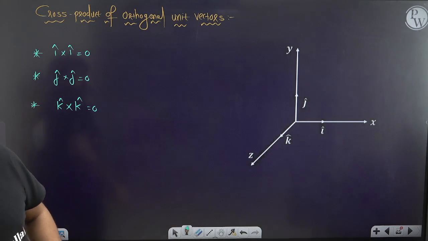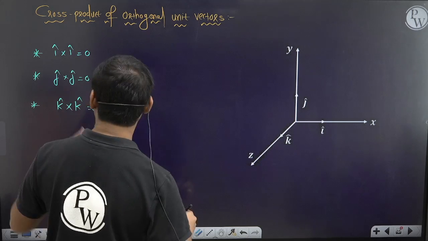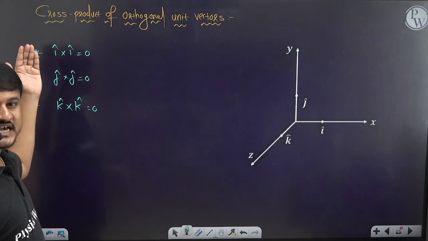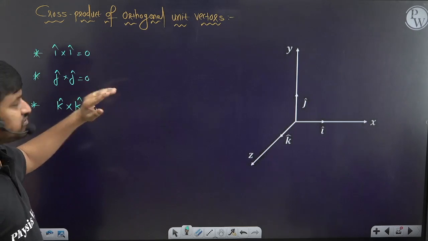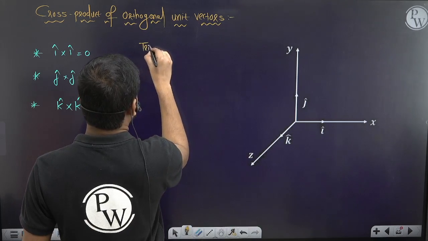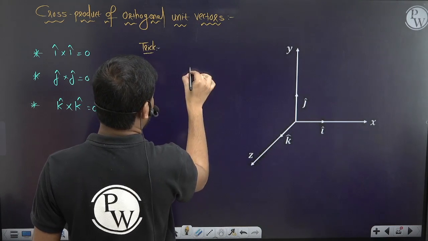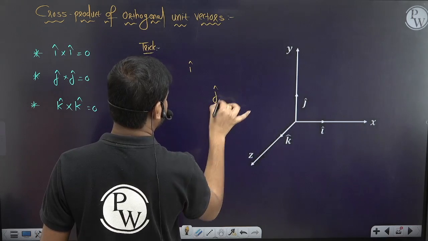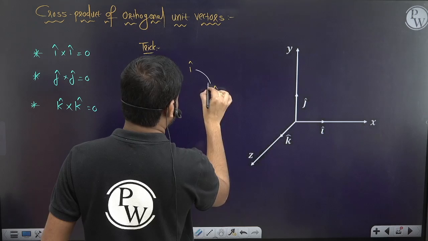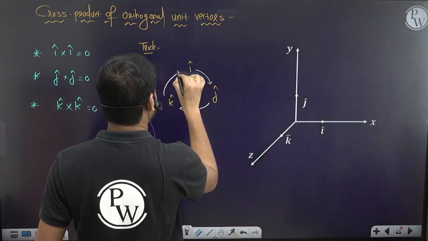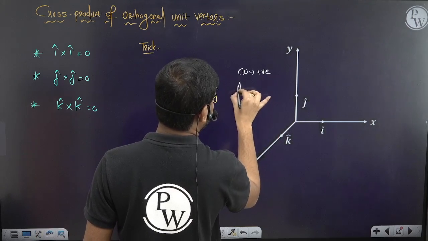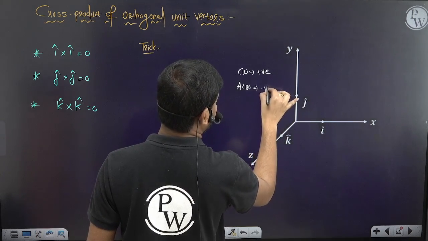Now, to understand what is I cross J and J cross I, J cross K and K cross J, I cross K and K cross I, the simple trick you have to follow is to draw I cap, J cap, K cap in a circle. Clockwise take it as positive, anti-clockwise take it as negative. Let me show you.